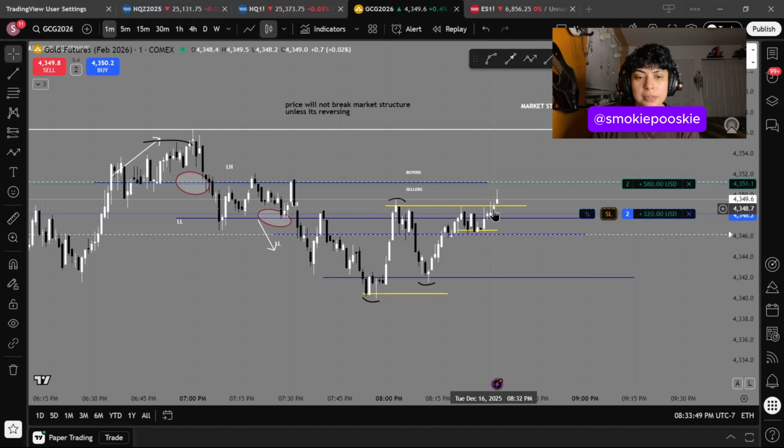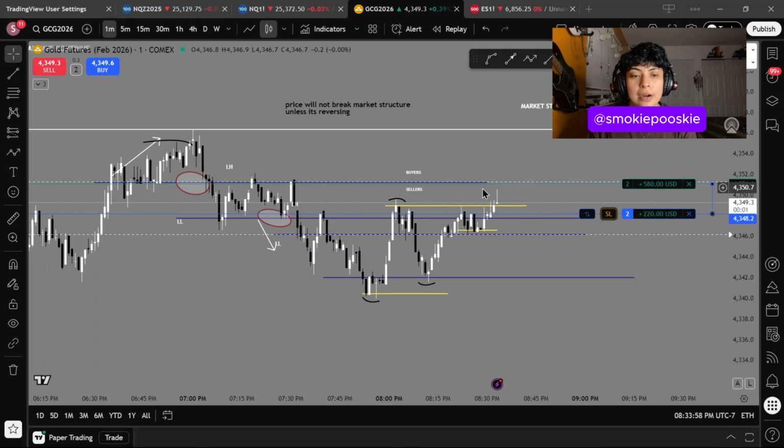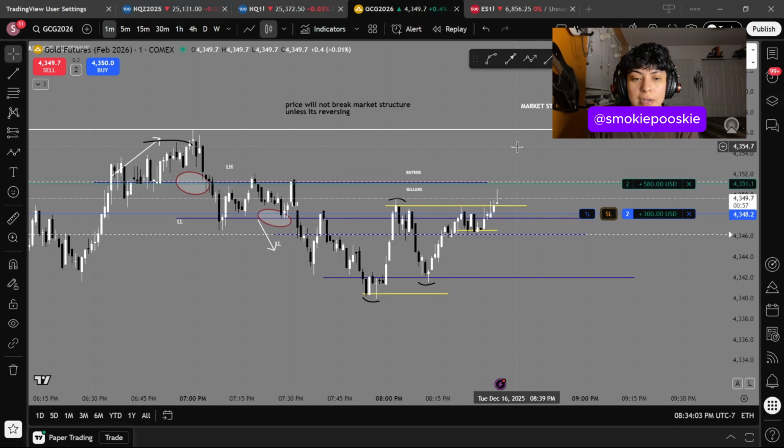We broke to the upside. And so we're trying to get again that higher high, and if it creates a higher low, then that's fine. But we still want to see that higher high towards this level right here, towards our take profit, right? And that's all we're waiting for on the 1 minute.